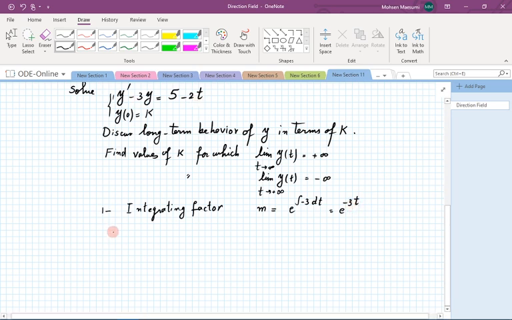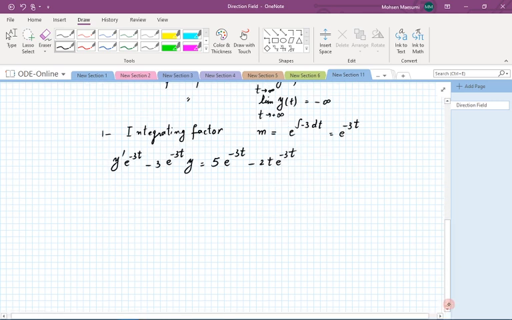I multiply both sides with that, so I'll have y prime e to the minus 3t minus 3 e to the minus 3t y. The right hand side is 5 e to the minus 3t minus 2t e to the minus 3t.